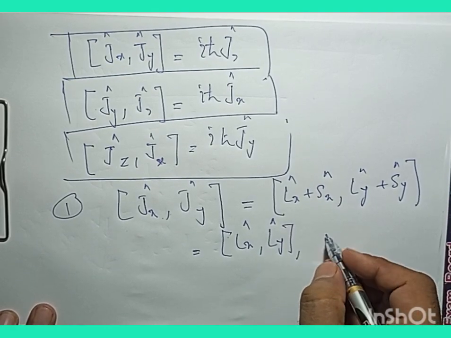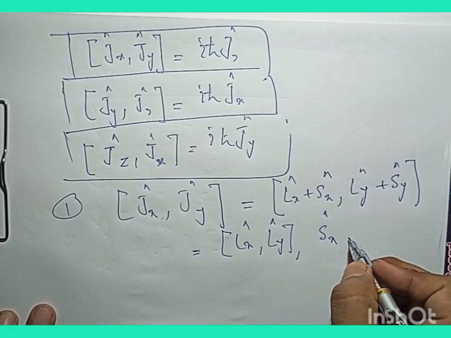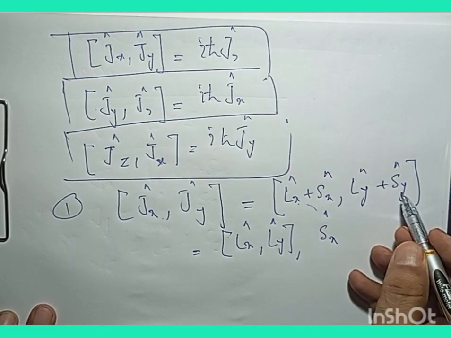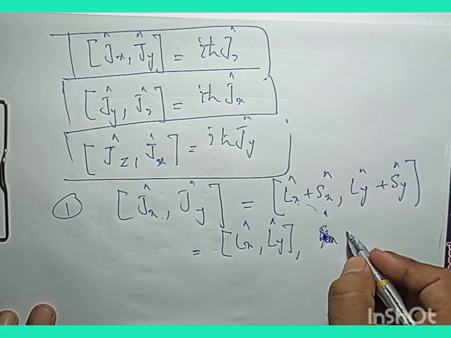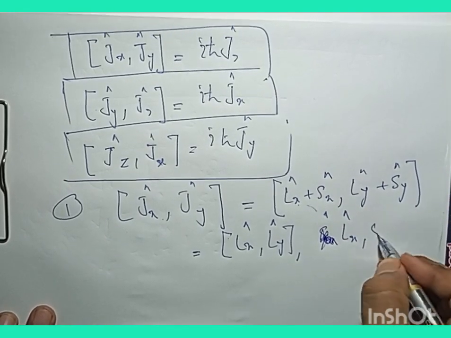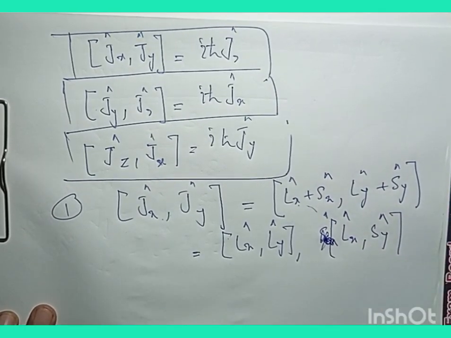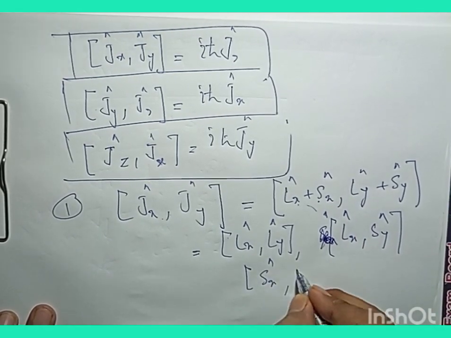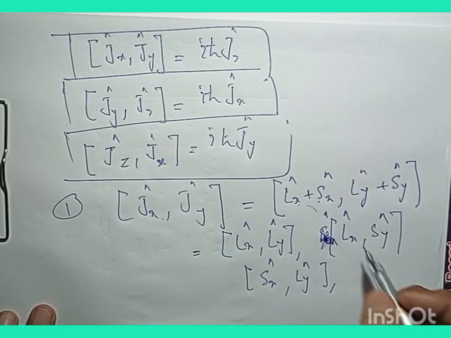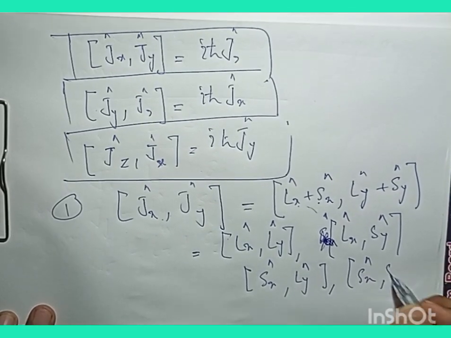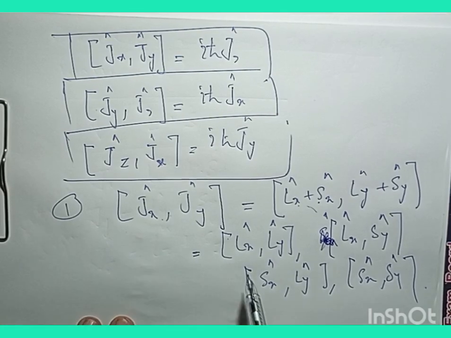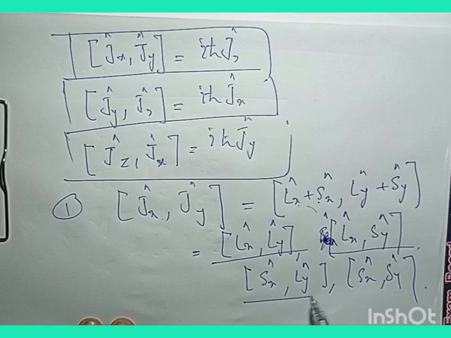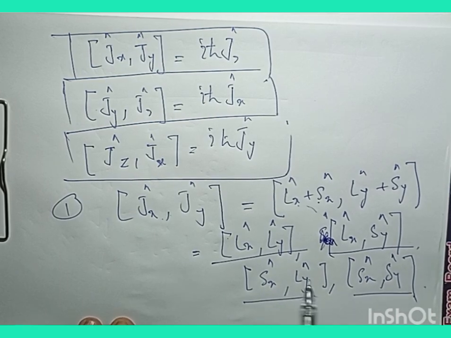Then we will have Lx cap, comma Sy cap, and then Sx cap and Ly cap. And then finally we will have Sx cap and Sy cap. So we have the commutations Lx Ly, Lx Sy, Sx Ly, and Sx Sy.